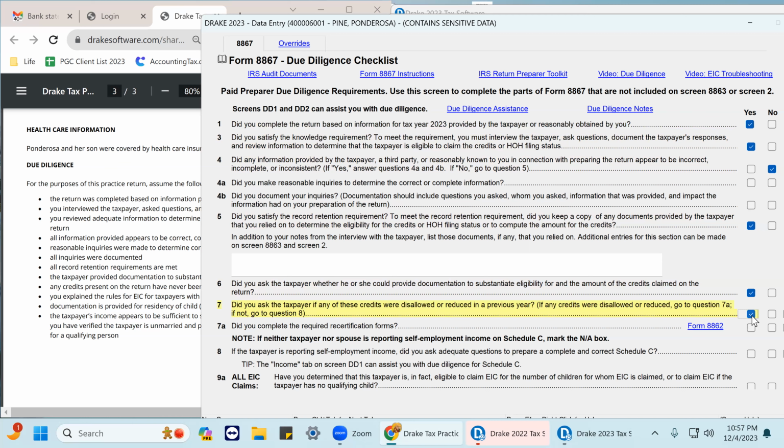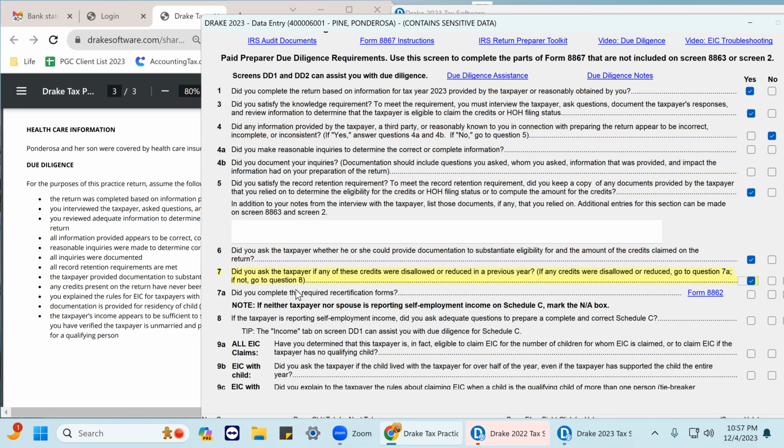So let's say you ask and they don't have a disallowance, and we skip number 7. But if they do have a disallowance, then we have to ask, do you have a lease certified? So in this situation, the answer is no, and we skip 7A. Now, in this situation, we go to number 8.